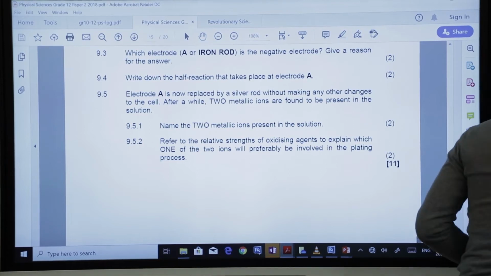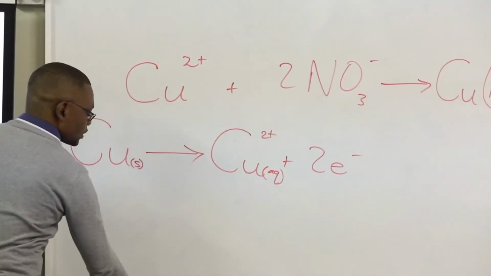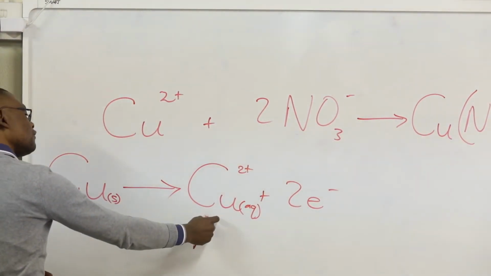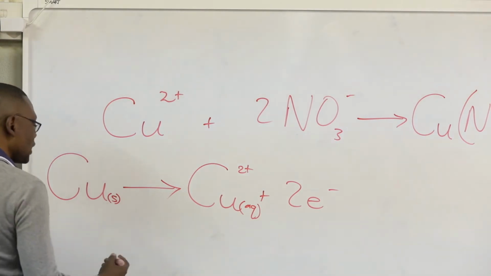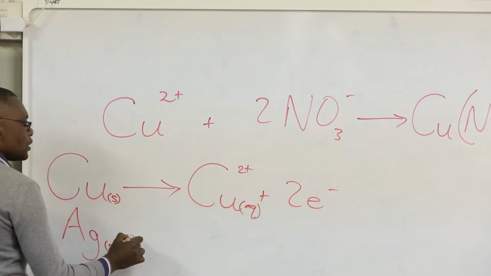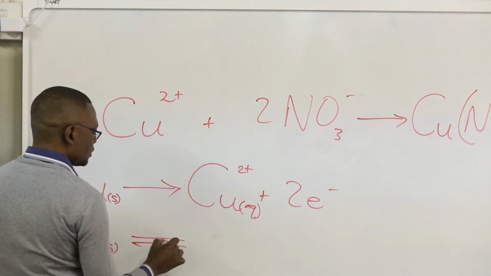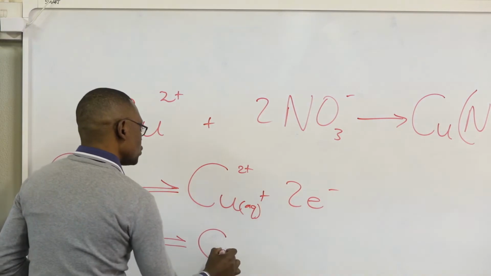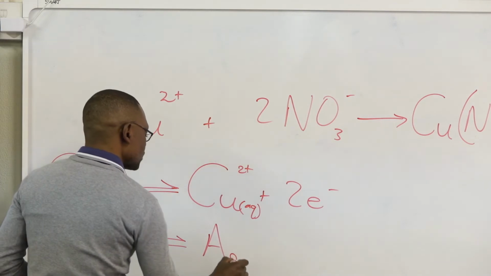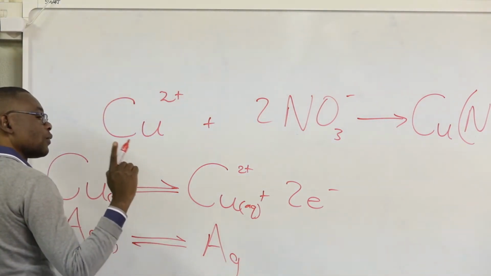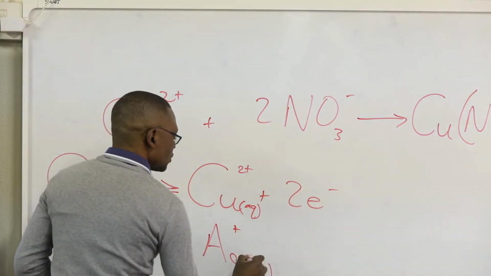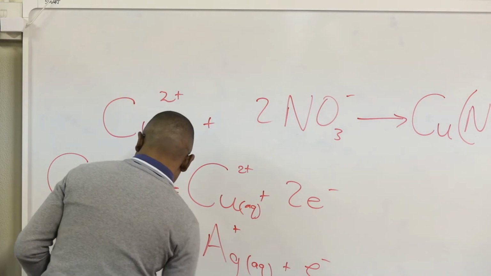Let me write it next to this so that you understand what is happening. Earlier we said this is what happens at electrode A, so we end up with copper 2+ ions in solution. But now that we are using silver, silver reacts like this and goes into solution to give silver ions. When silver breaks down, it gives away 1 electron, so it is Ag+ plus an electron.